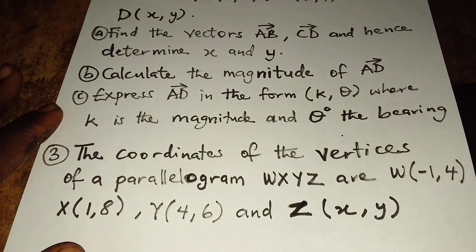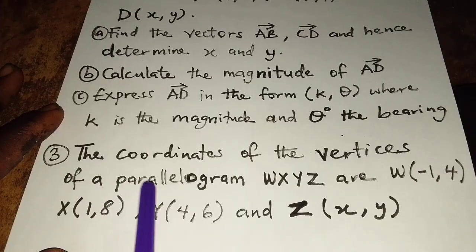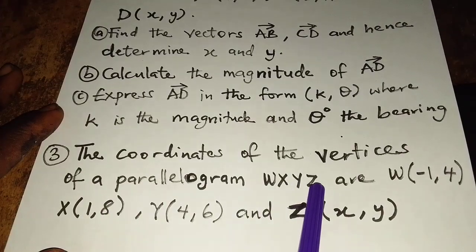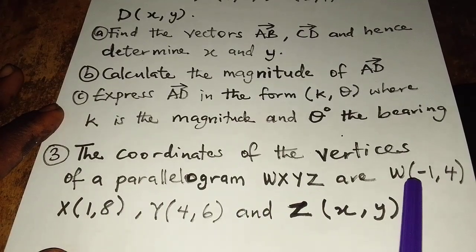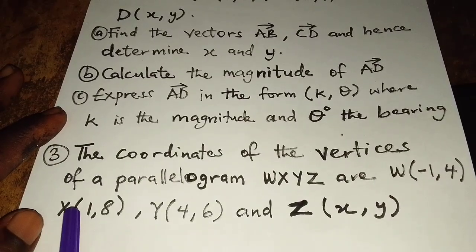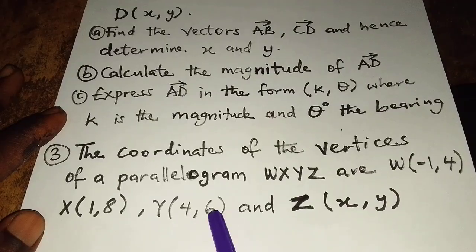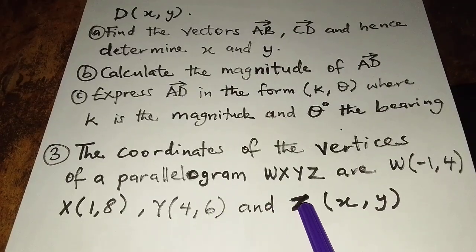Then number 3, the coordinates of the vertices of a parallelogram WXYZ are: W is -1, then X is -1, Y is 4, X is 1 and 8, Y is 4, 6, and Z is x, y.